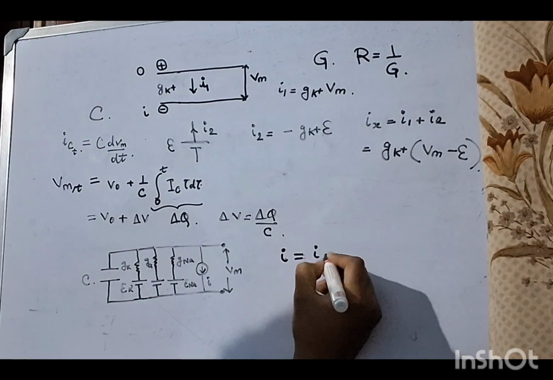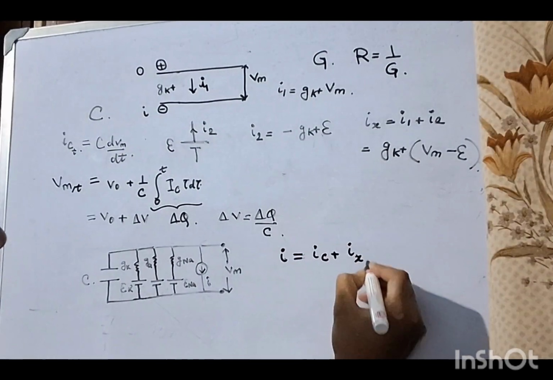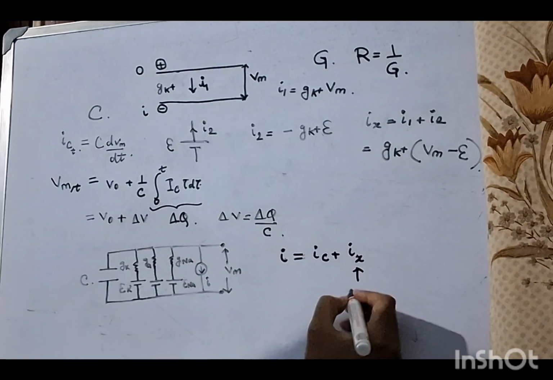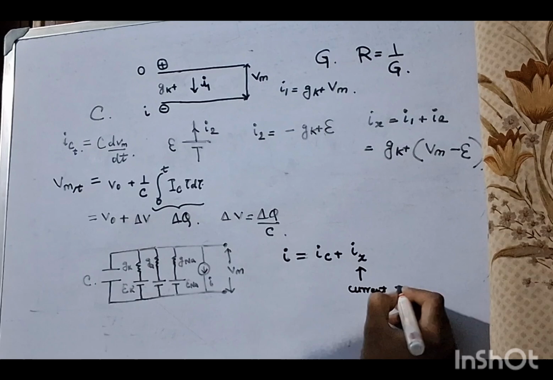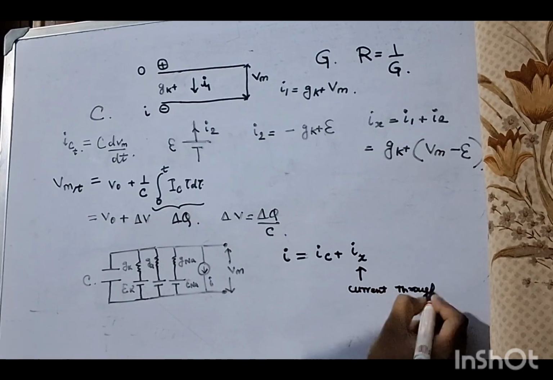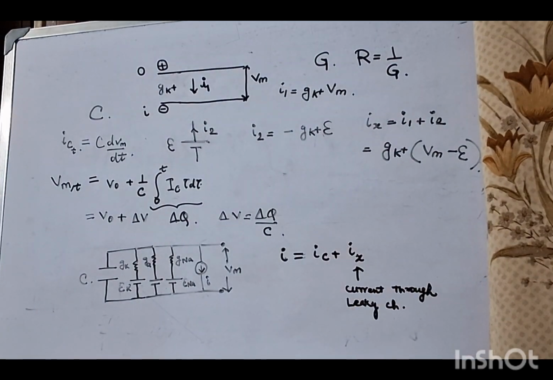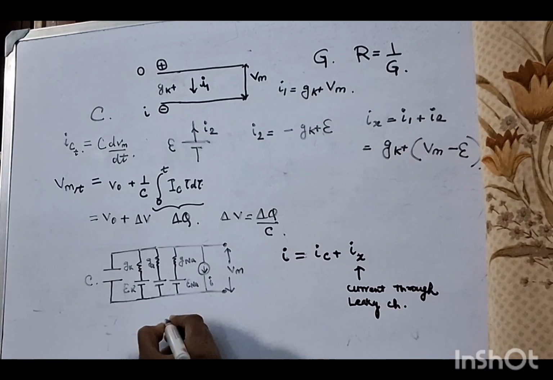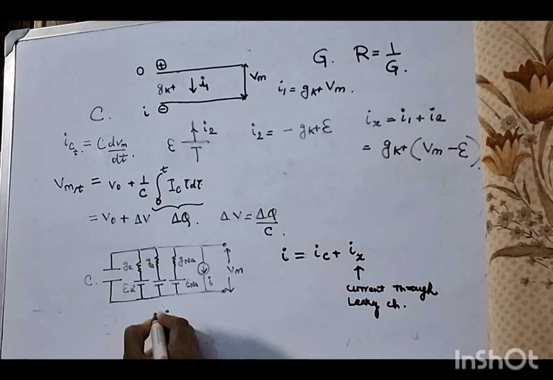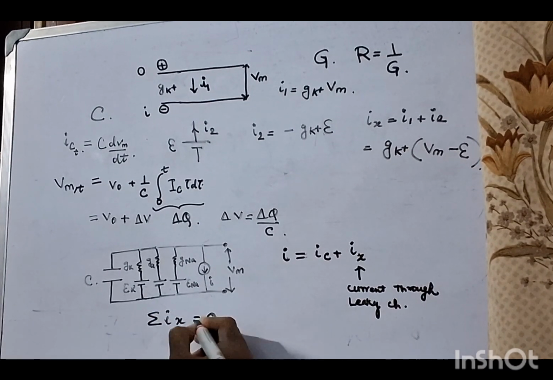Ix is the current through the leaky channels. We can also derive another important conclusion: at rest, the net flux throughout the entire circuit is zero. So the sum of Ix equals 0.